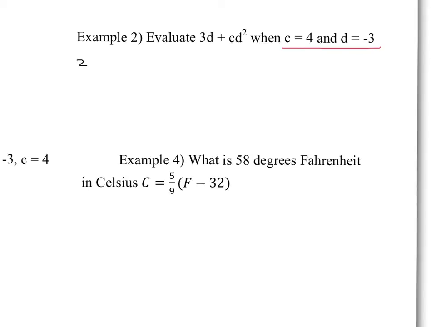So I'm going to put a 3. I know that when 3 touches D, that means that they are being multiplied. So I'm going to put parentheses here. Plus, I'm not going to write a C, I'm going to put a parenthesis for C. Then I'm going to put another parenthesis for D.